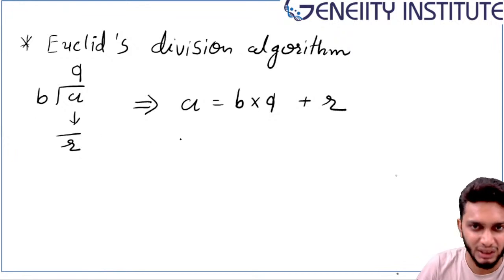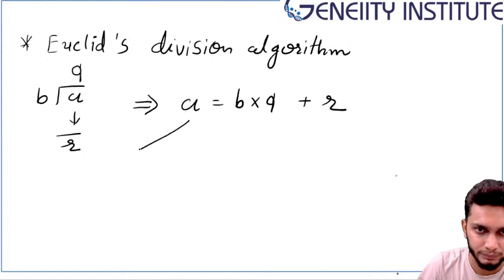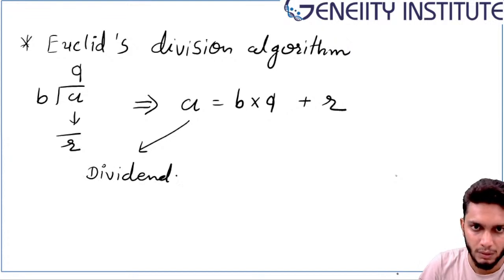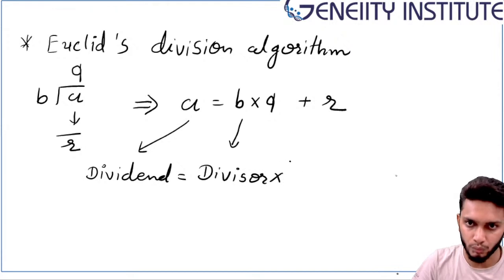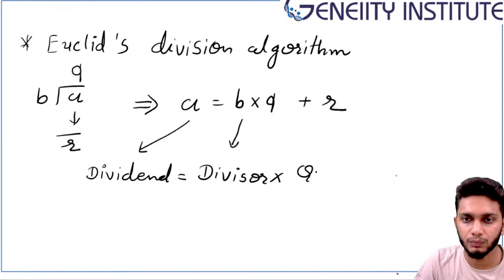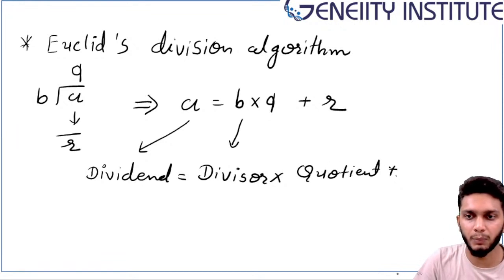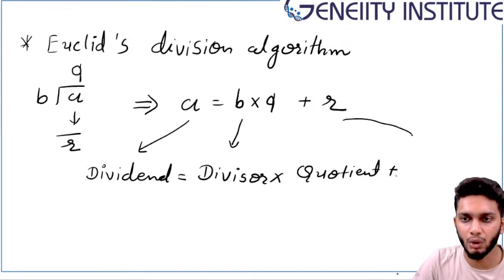A, known as dividend, is equal to B, known as divisor, into Q, known as quotient, plus R, known as remainder.